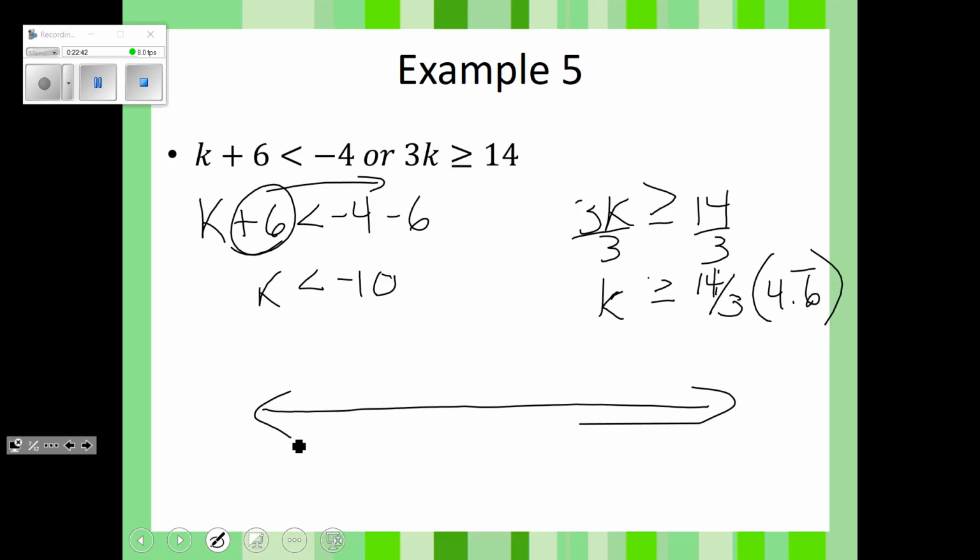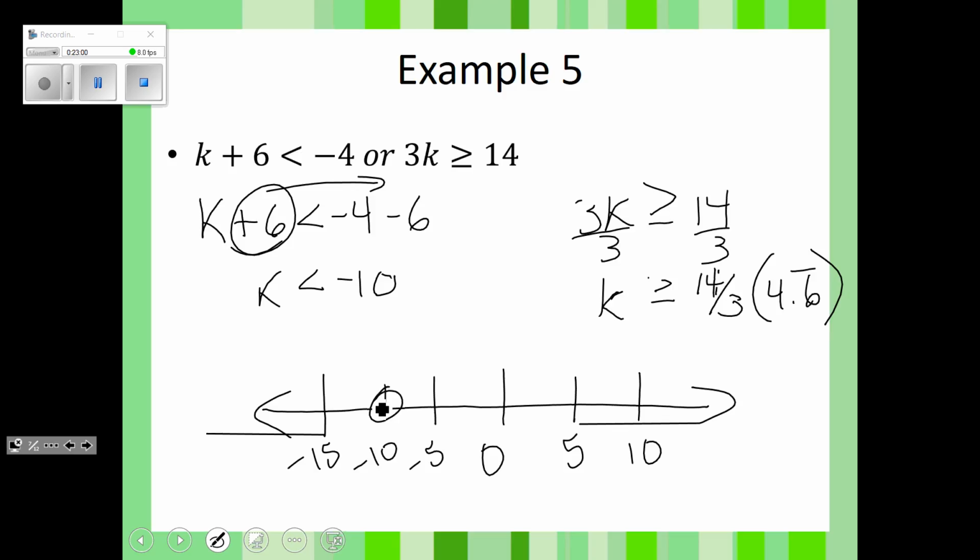Yeah, we could do 5s. -15, -10, -5. Don't forget, I do like to do one on the far side of each number. 0, 5, 10. Okay, so -10 is an open circle. And where would 4.6 repeating be? Close to 5. So, and it's a closed circle.